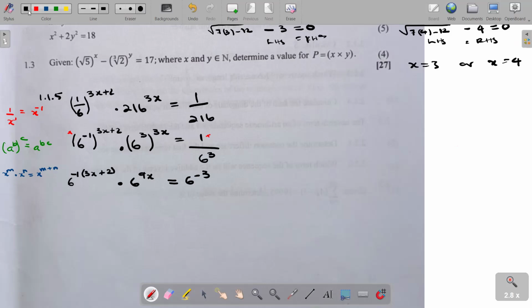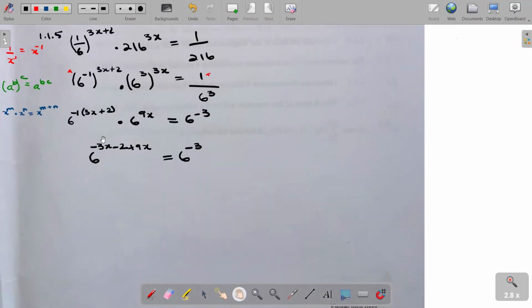So it therefore means this left-hand side becomes 6, then simplifying the power, there is minus 3x minus 2, then plus 9x. This must be equal to 6 to the power negative 3.